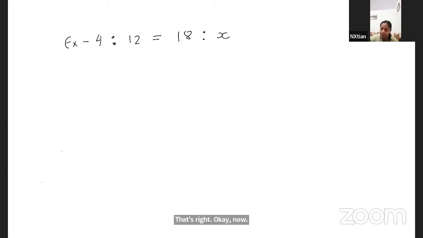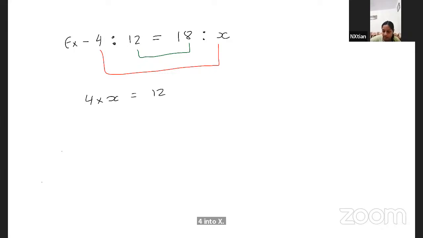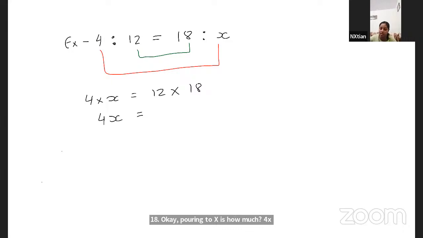Now what do we do? We multiply the middle terms together and the extremes together. So it becomes 4 into x equals 12 into 18. 4x equals, multiply 12 and 18, we have 216.